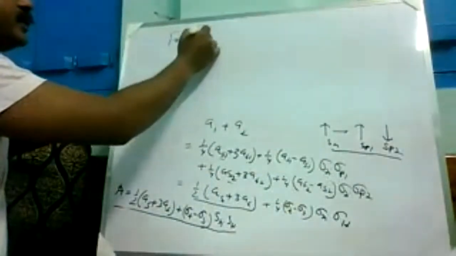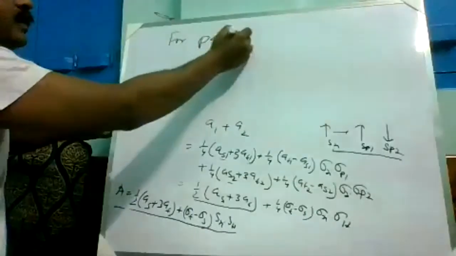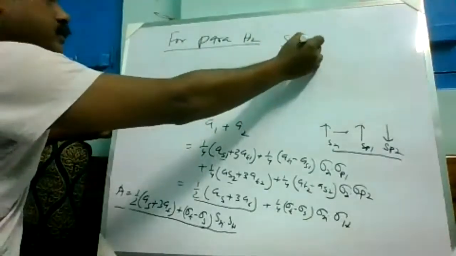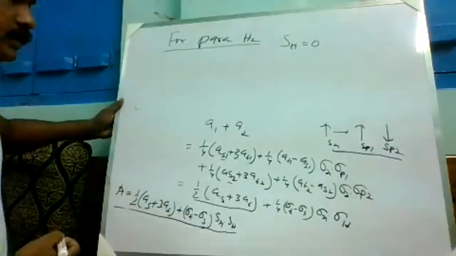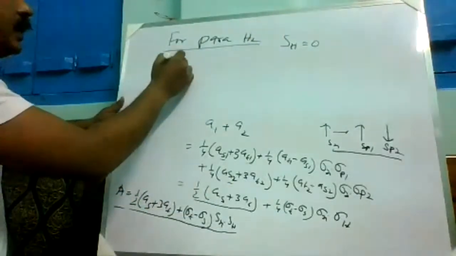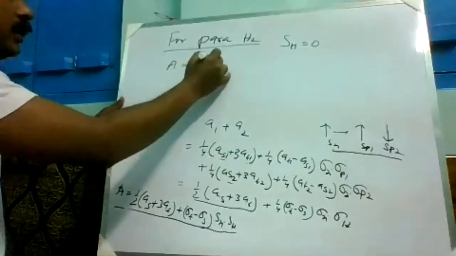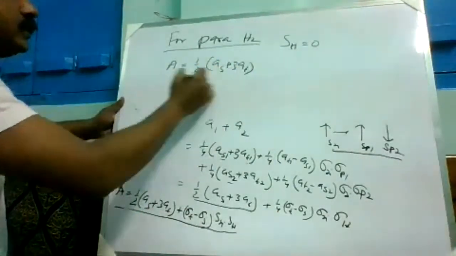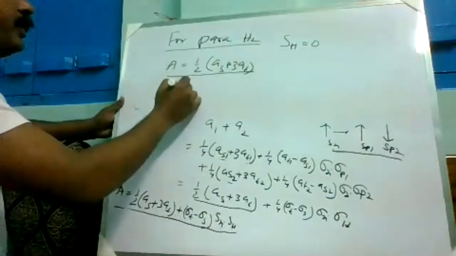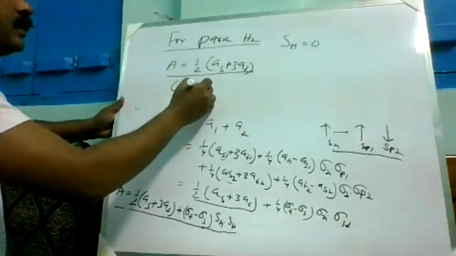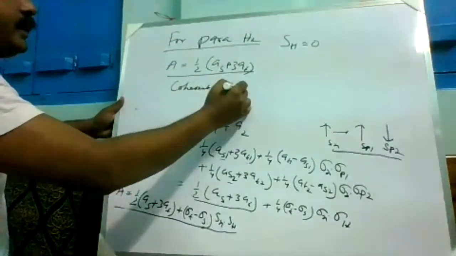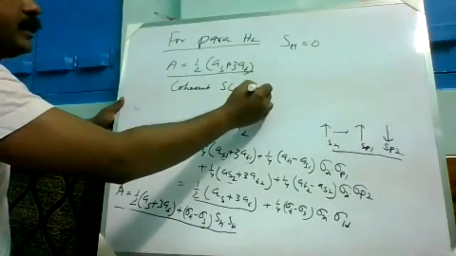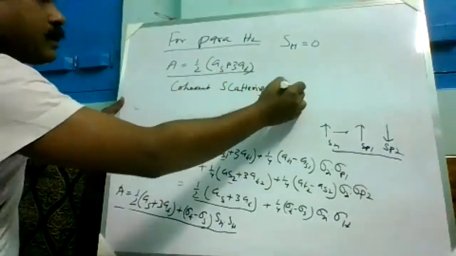For parahydrogen, SH equals 0. Then we can write A equals half (AS plus 3AT)/4. This is called the coherent scattering length.